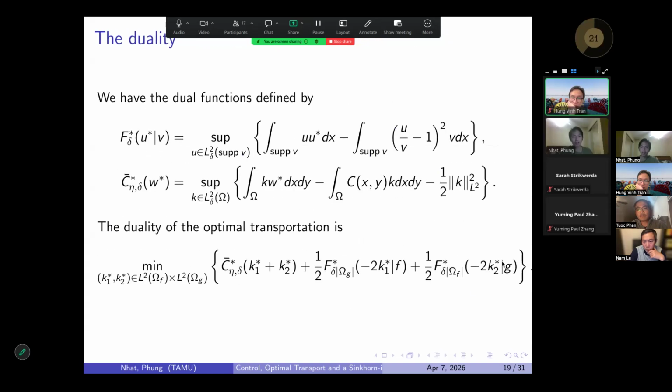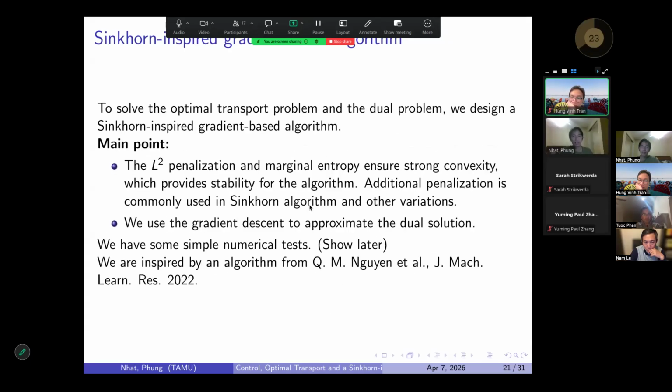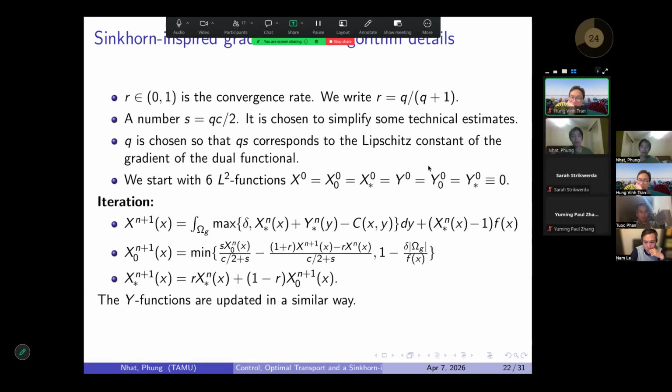We have this functional, and actually we will find the gradient of this functional. And then we actually prove that it is a Lipschitz functional, and so we will choose Q in here so that it corresponds to the Lipschitz constant, and then we will get the convergence rate R in here.